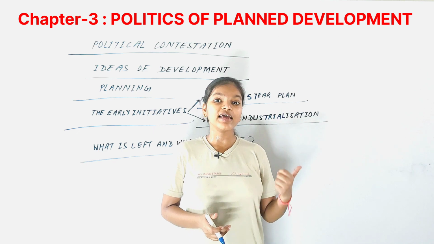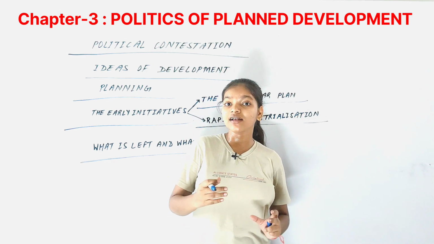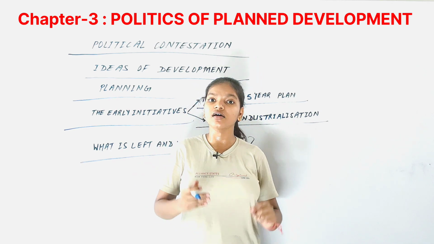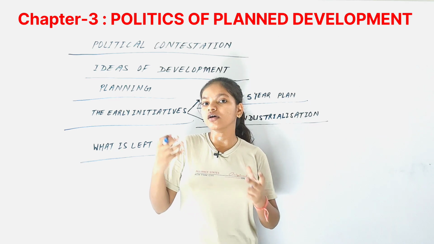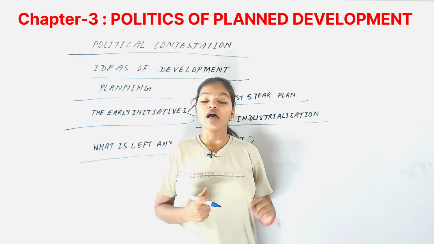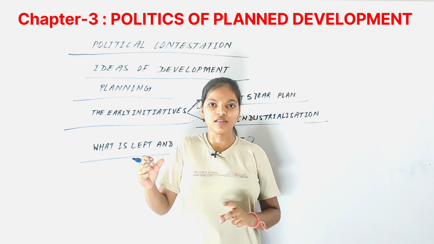So what does right and left mean? Well, in terms of economic development, it means that the social position of the concerned group, how it sees the effect of the government's intervention, how it sees the economic growth of the country, how according to the concerned group there should be development in the country.